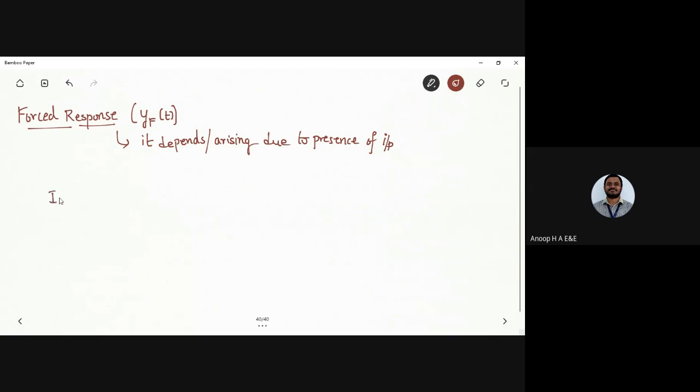So in any stable system, we have the transient response, plus we have the steady state response.